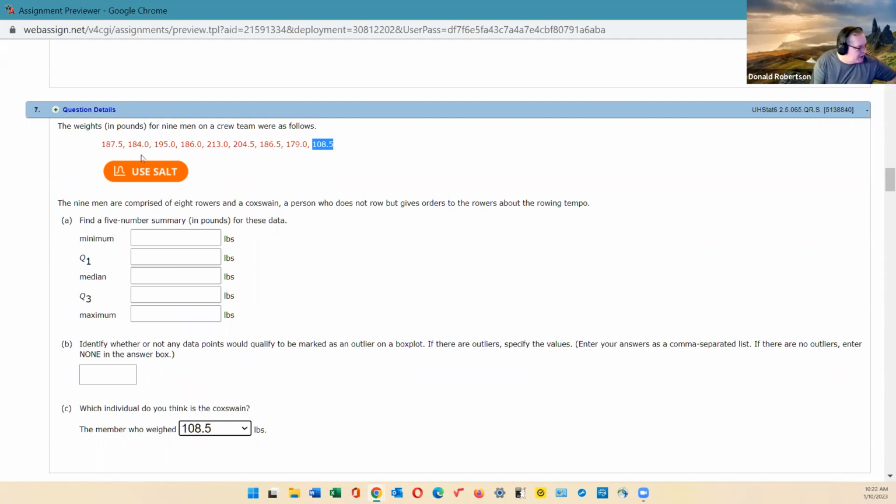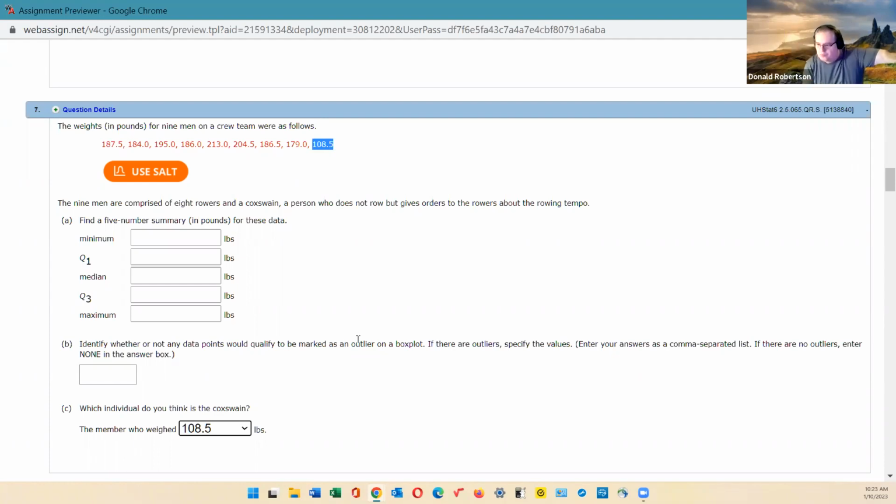Now, in this question, it's use SALT 5-figure summary. And then it has a question B, identify whether or not any data points would qualify as an outlier. So that really means I have to do some work. If I was looking at this data set and I was just eyeballing it, aren't the outliers at the extreme ends?